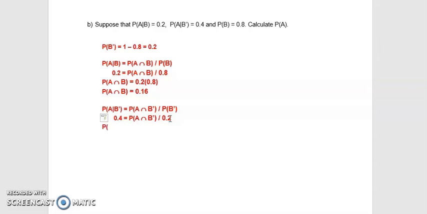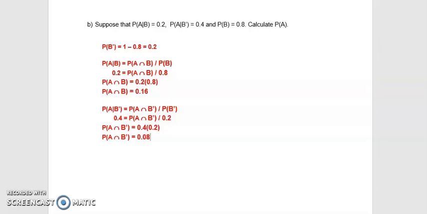Now we can find probability of A intersect B prime, equivalent to 0.4 multiplied by 0.2. So probability of A intersect B prime is equivalent to 0.08.